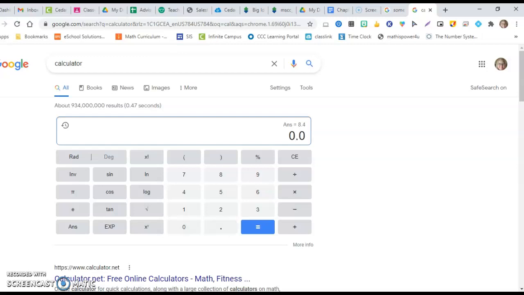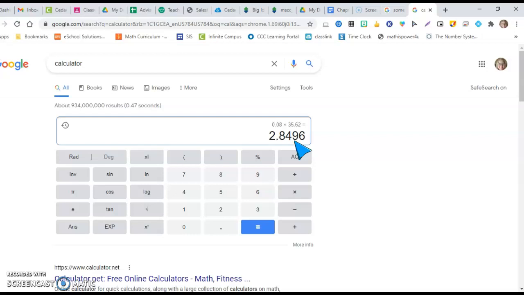So 0.08 times 35.62, and I get, okay, so now look at here, I get 2.8496. So remember, when you're dealing with money, you go 2 places past the decimal. So $2.84. But then you got to look at that third place right here.